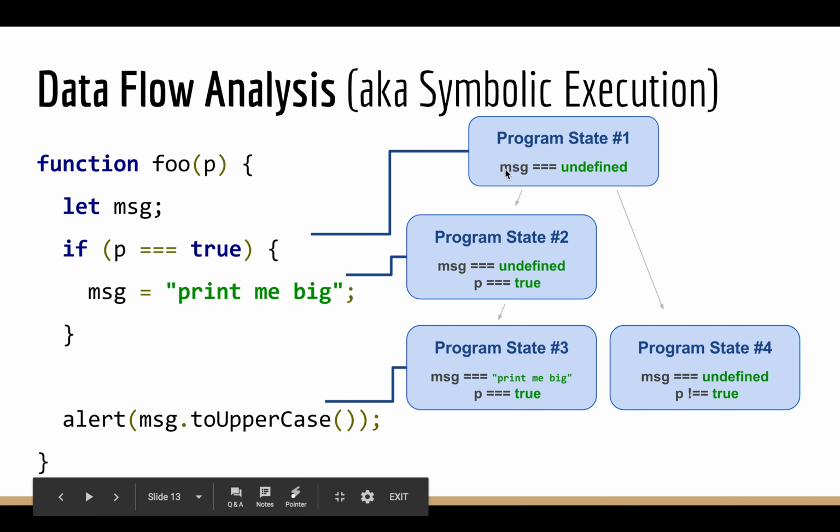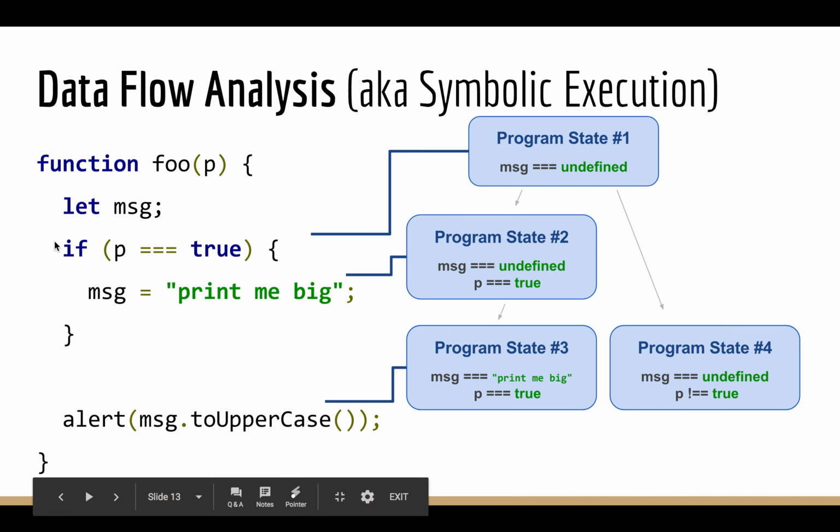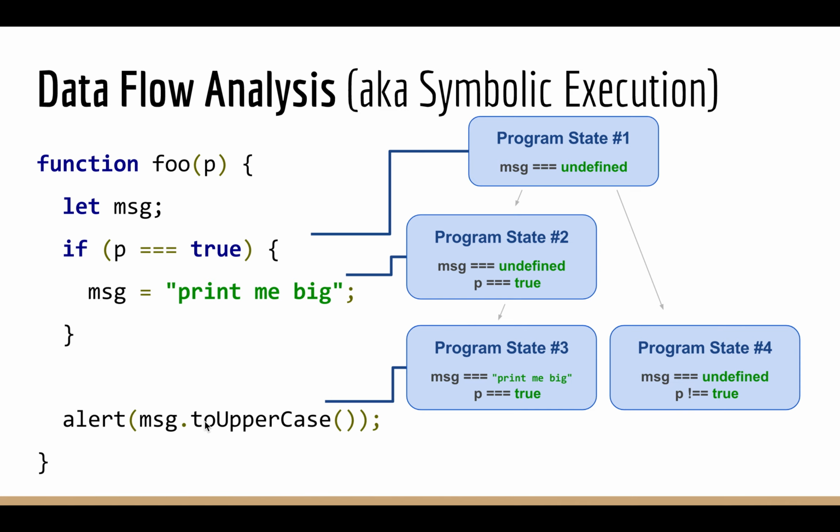That means that we will keep message undefined here, and p is not true, because we know the value of that condition to be false. And now let's look at that statement. What happens here, we will take message and we will access the property toUpperCase on it. Does it exist on undefined? For sure not. And we will get a type error here.